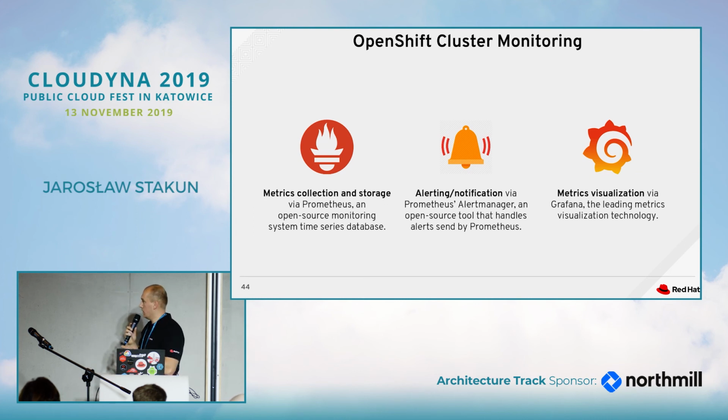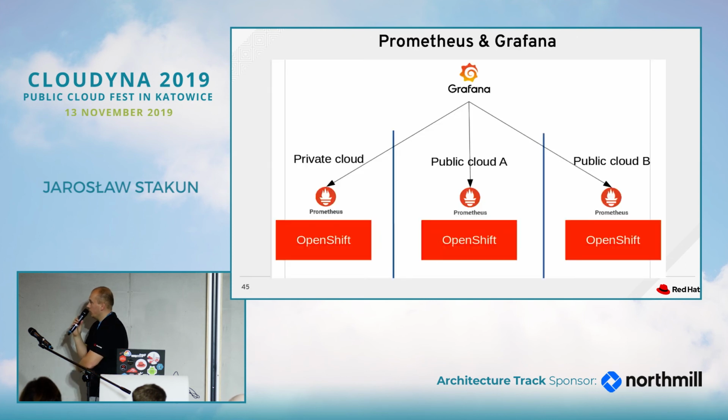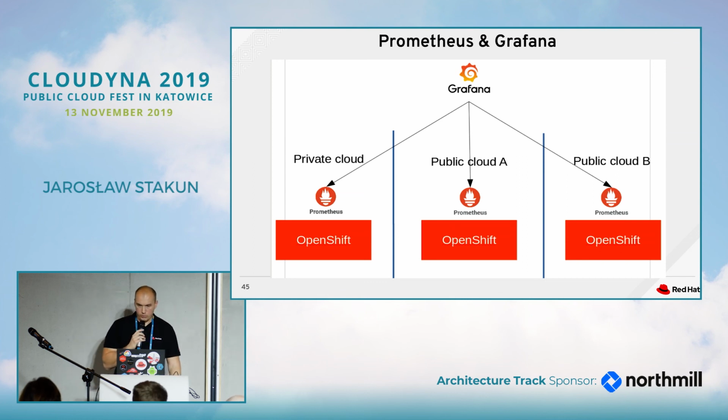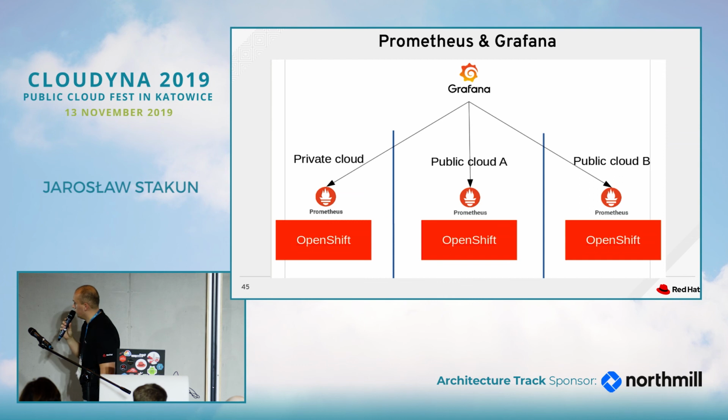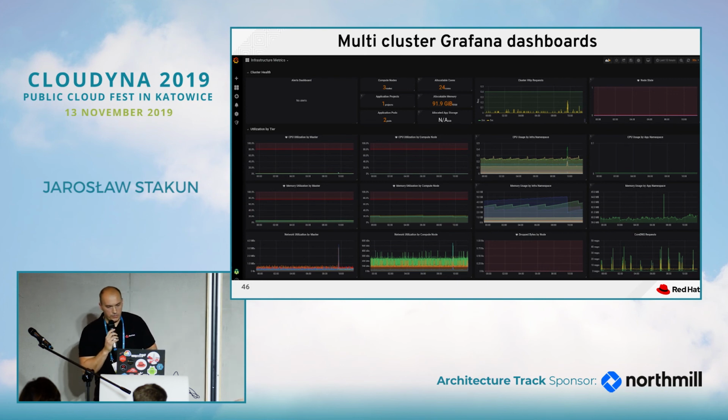And because this stack is very easy to configure and run in each OpenShift cluster, our approach was typically to run a central Grafana, which was accessing different Prometheus instances that were collecting metrics from different clusters. And then we used to build some multi-cluster dashboards where metrics from different clusters were visualized.